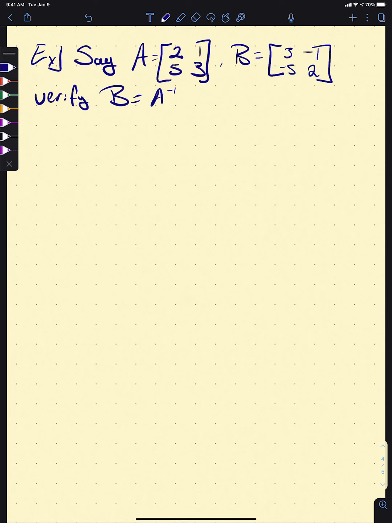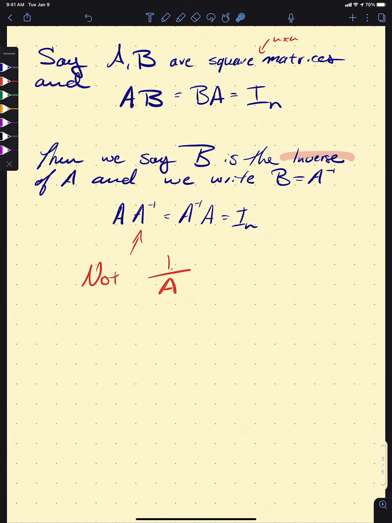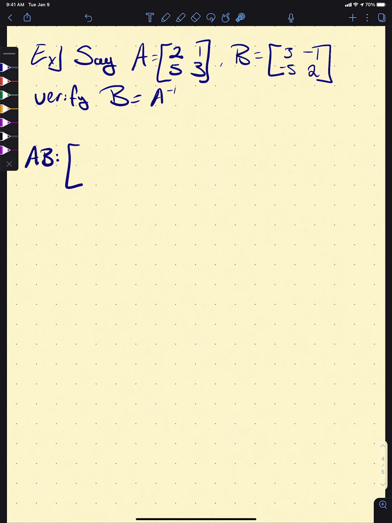So this is the claim, and we want to verify that it's true. And to do this, we have to do 2 separate multiplications. We need to verify both. It is not enough to only verify one, okay? You can absolutely run into some really nasty matrices where AB equals I, but BA does not, because our matrices don't commute.